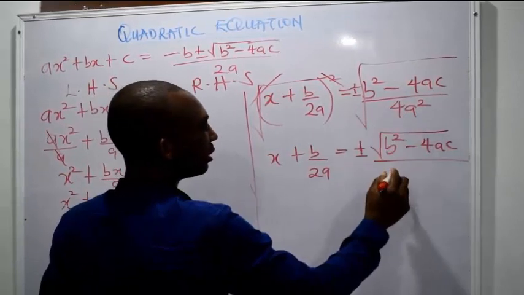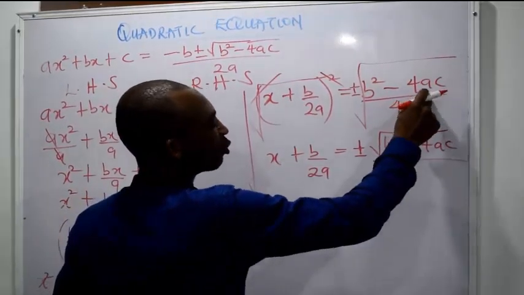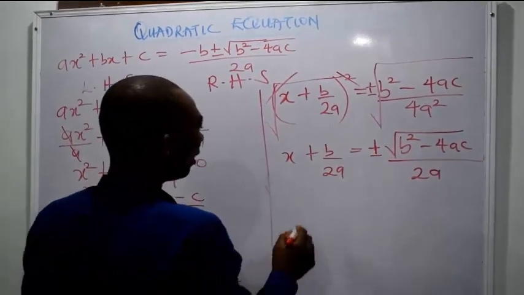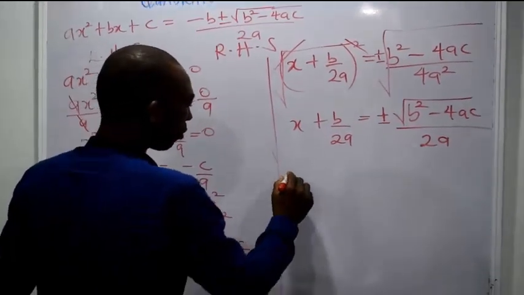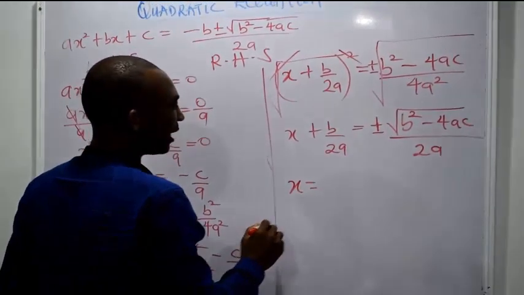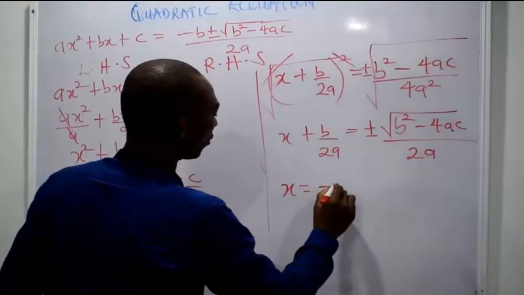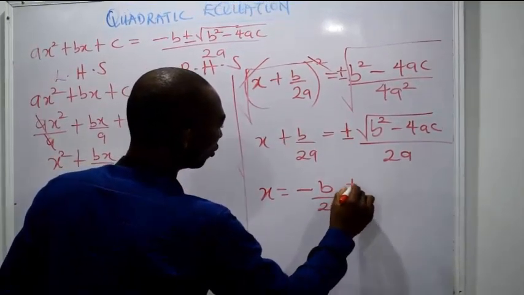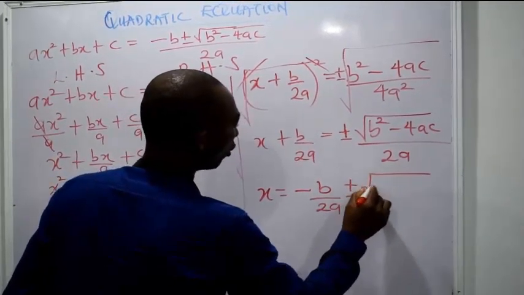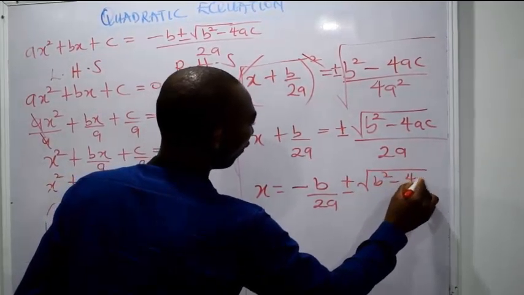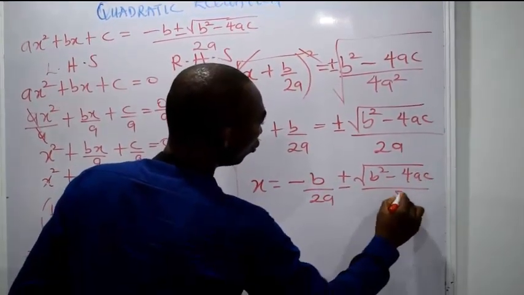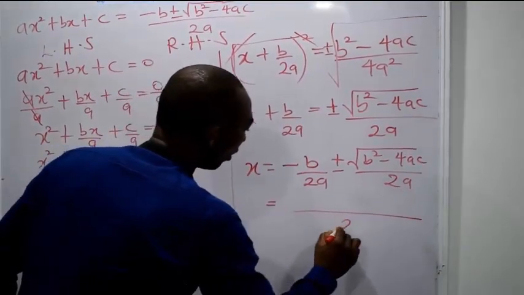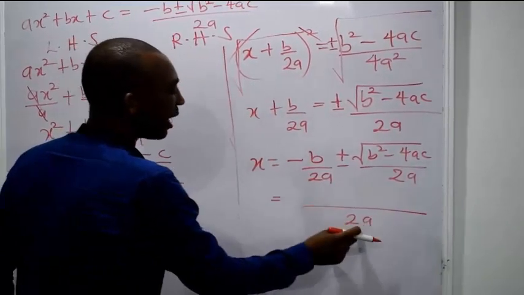Square root of 4 is 2. Square root of a squared is a. So at this point, let's find the values of x. Let this go to the other side, that becomes minus b over 2a plus or minus square root of b squared minus 4ac over 2a. Now at this point, the LCM is 2a. How many 2a can we see in 2a?